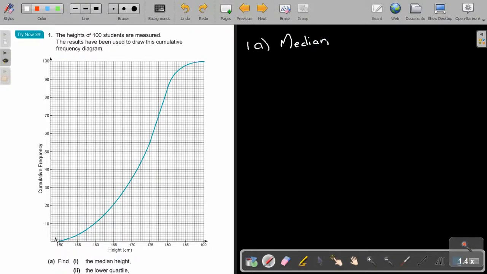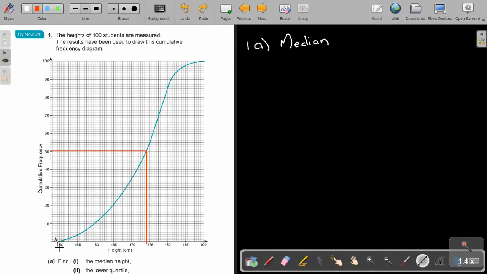So can you see? From my graph, the median will be half of the frequency. Oh, let me get a ruler. Here's my ruler. It picked it up. Until where it cuts, make sure the line is a bit thick.